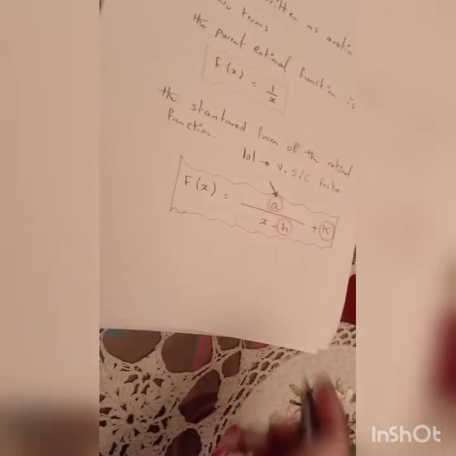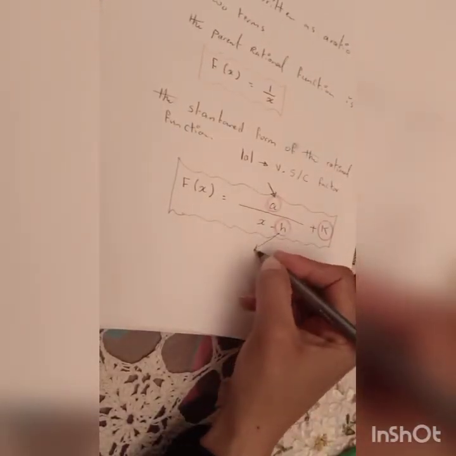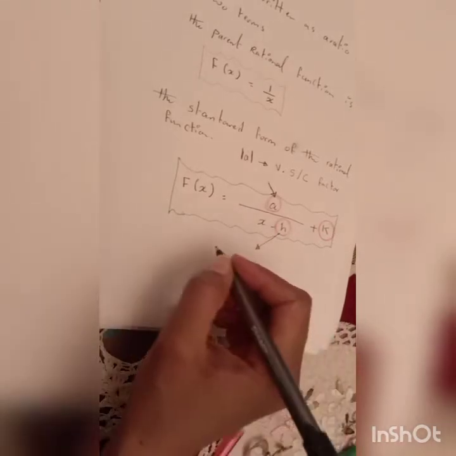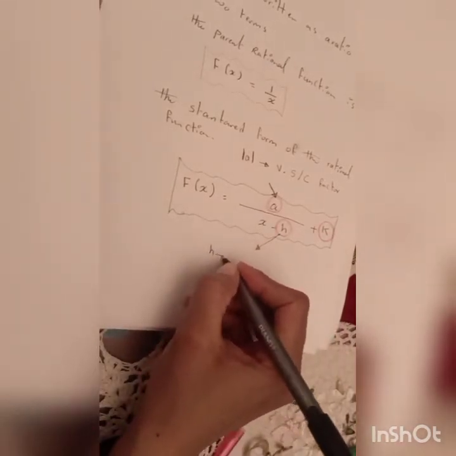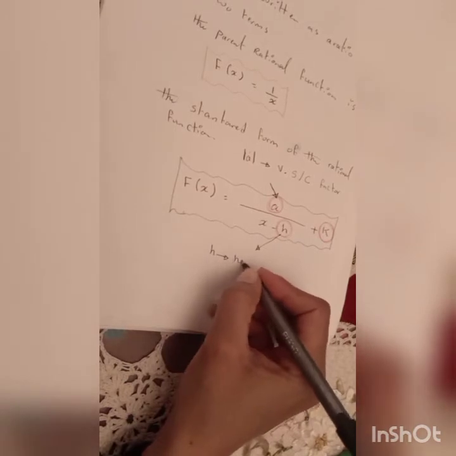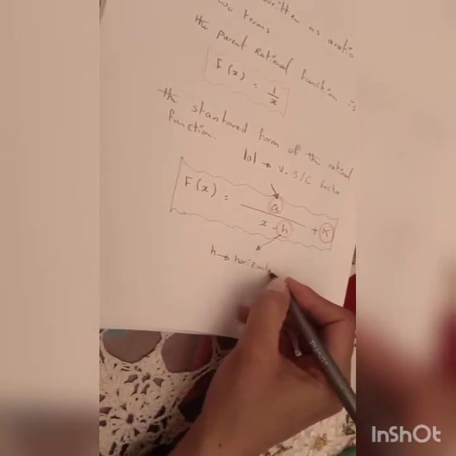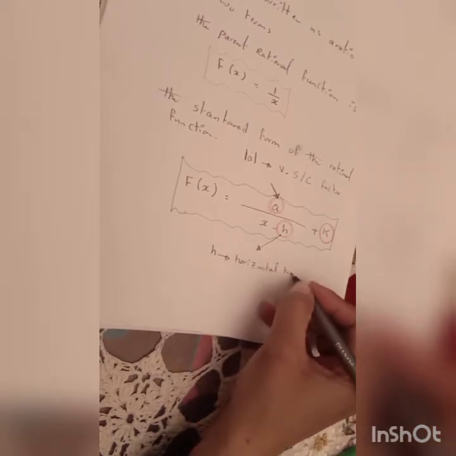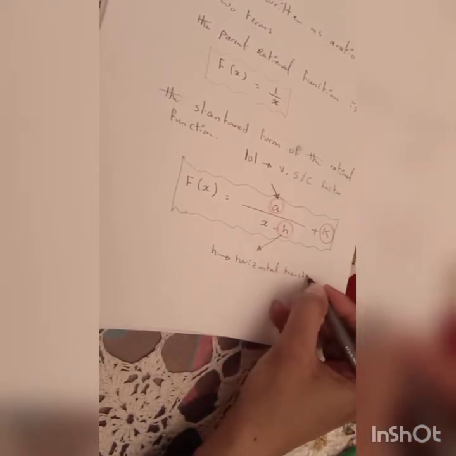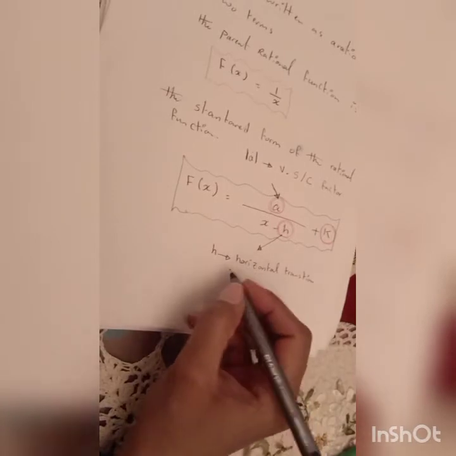Okay, what about h? Do you remember, as we took in the quadratic function, h represents horizontal translation. Horizontal means the graph moves left or right.